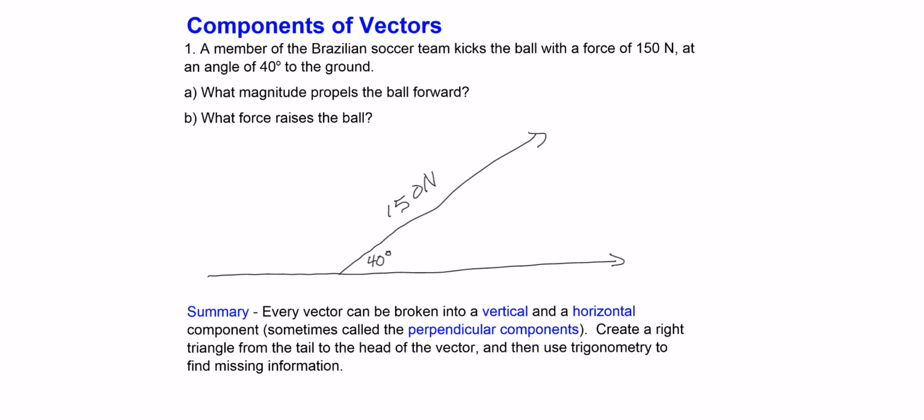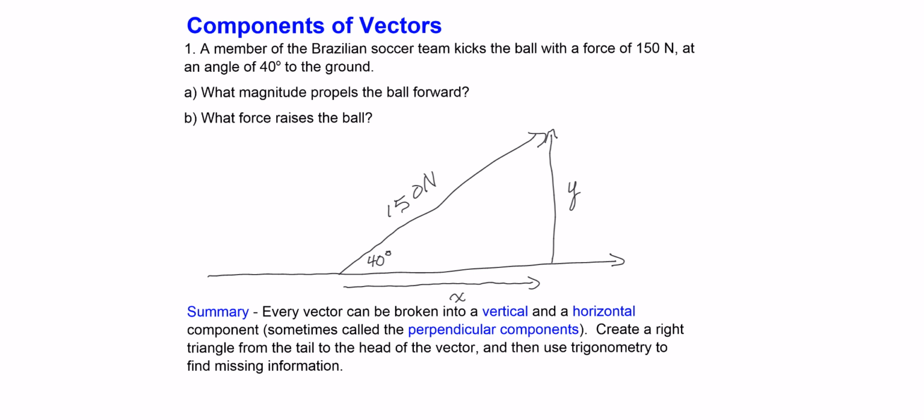Now, we need to figure out what magnitude the ball moves forward. There are two forces that act on the ball as it moves. There's a force pushing the ball sideways along here, and then there's a force pushing it up as it's going up into the sky. I'm going to call this y and this one x.